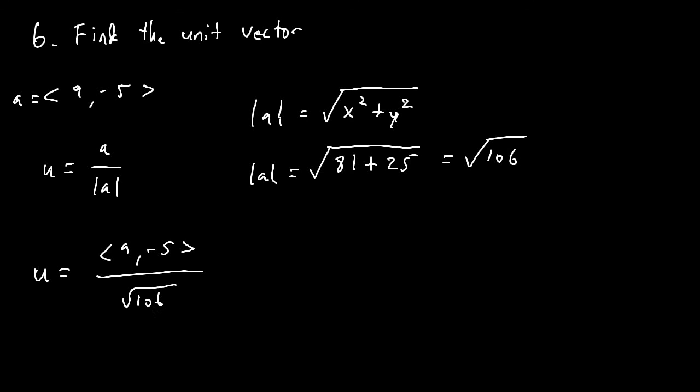Since 1 over the square root of 106 is sort of like a multiple, we can also multiply that inside the vector's components. So we'll get 9 over the square root of 106, comma, negative 5 over the square root of 106. And that is the unit vector for vector A.